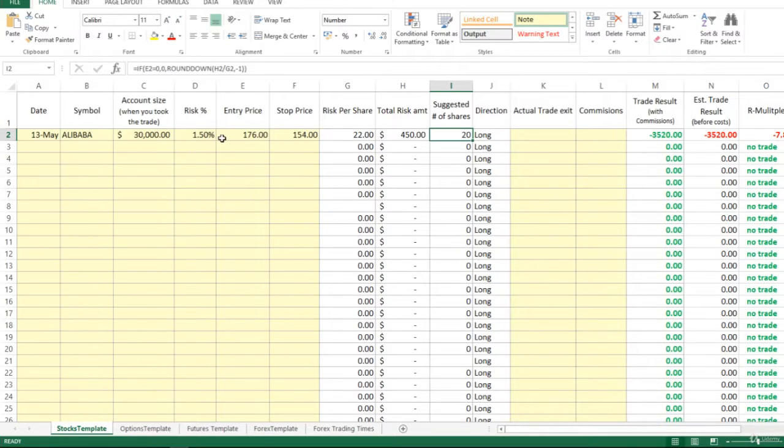What this is supposed to mean is that if we are looking for entry at this price and we are preparing ourselves to be stopped out at 154 if the stock price moves against us, with an account size of 30,000, which is the maximum total of our account, and a total risk amount of 450, we need to buy 20 shares with 3,520 capital cost.